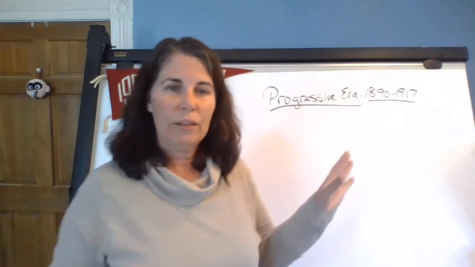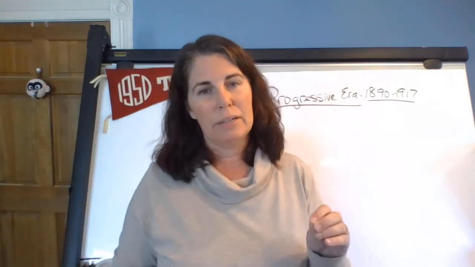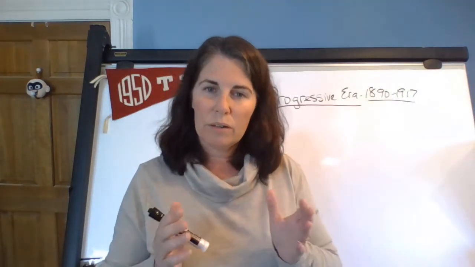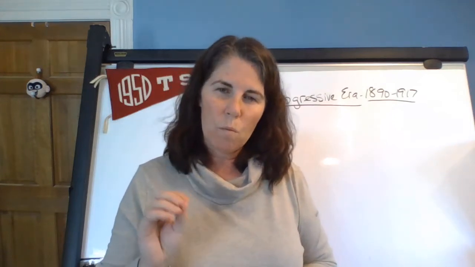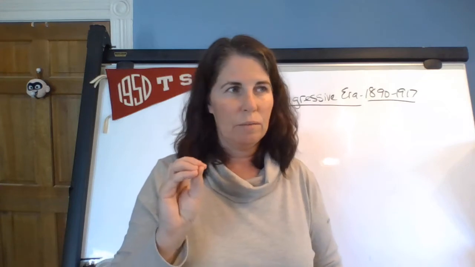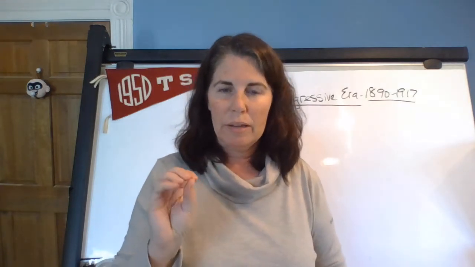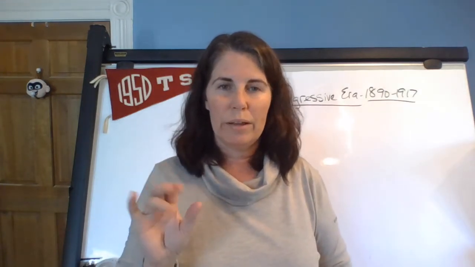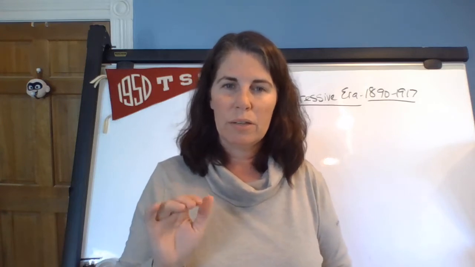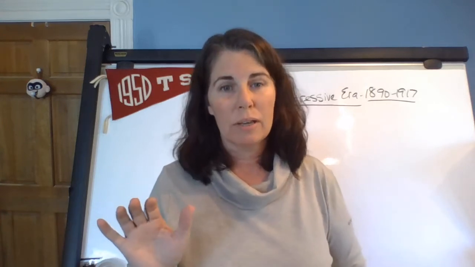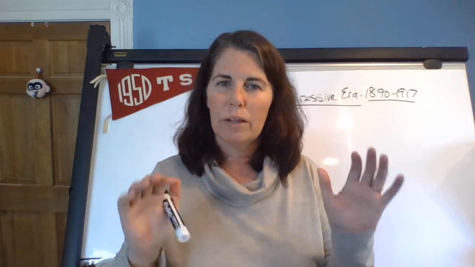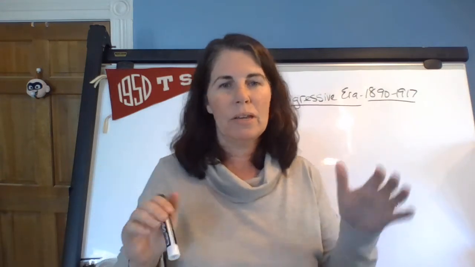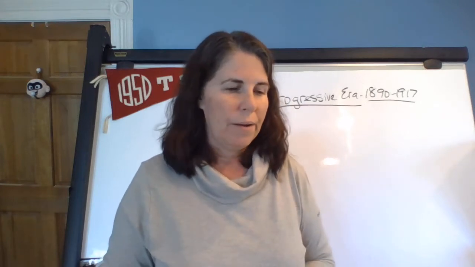Progressive era, and I've got the dates 1890 to 1917, and he goes a little differently. He starts in 1900, and I want you to understand why we talk about it differently and in slightly different ways. So as historians, we talk about eras, and we talk about periods of time in which things occurred, right? When things happen, you can see kind of the beginning, you can see kind of the end.